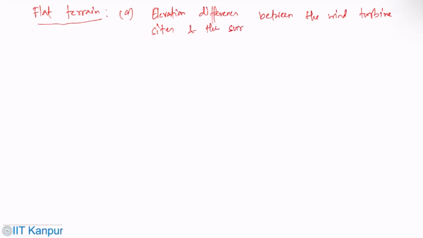One is that the elevation differences between the wind turbine site and the surrounding terrain are not greater than about 60 meter.